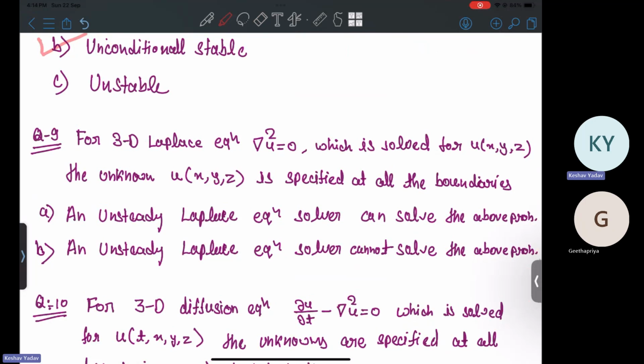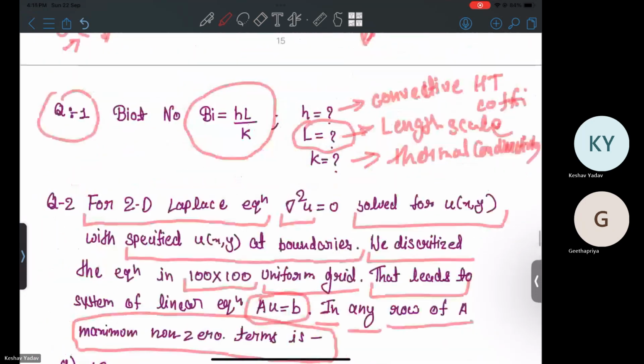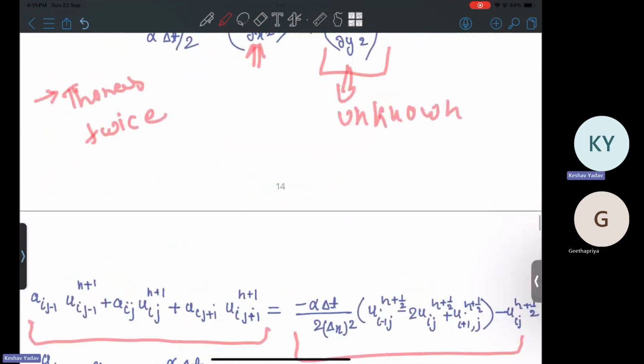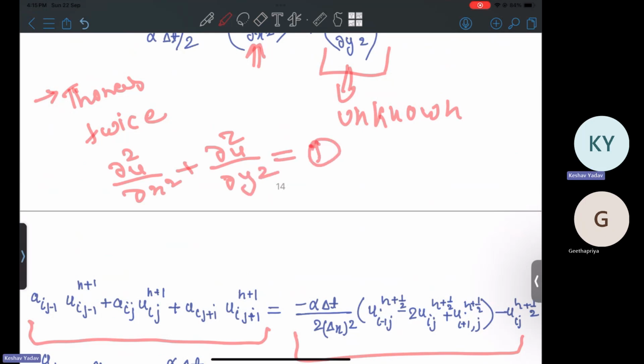Now one thing we need to discuss here. Suppose we wish to solve del 2u upon del x square plus del 2u upon del y square equal to 0.